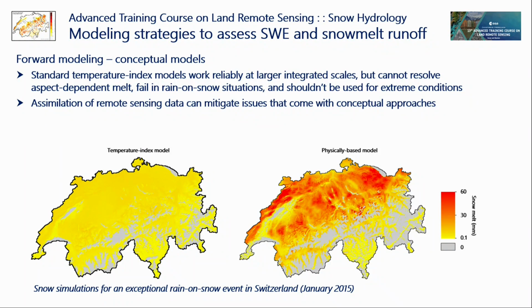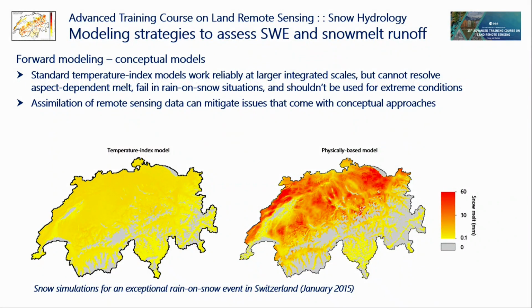So if it's raining, obviously it's already above 0 degrees, and so you have lots of humid, warm air that condensates on the snow surface, and if you have very windy conditions, that causes a lot of heat to be released because of the phase transition when you condensate, and that leads to an enormous amount of energy available to melt snow in such a rain on snow situation because of latent heat, and latent heat just doesn't relate to temperature, and the temperature index model just doesn't see the cause for the melt to happen, and it's completely blind to that event.